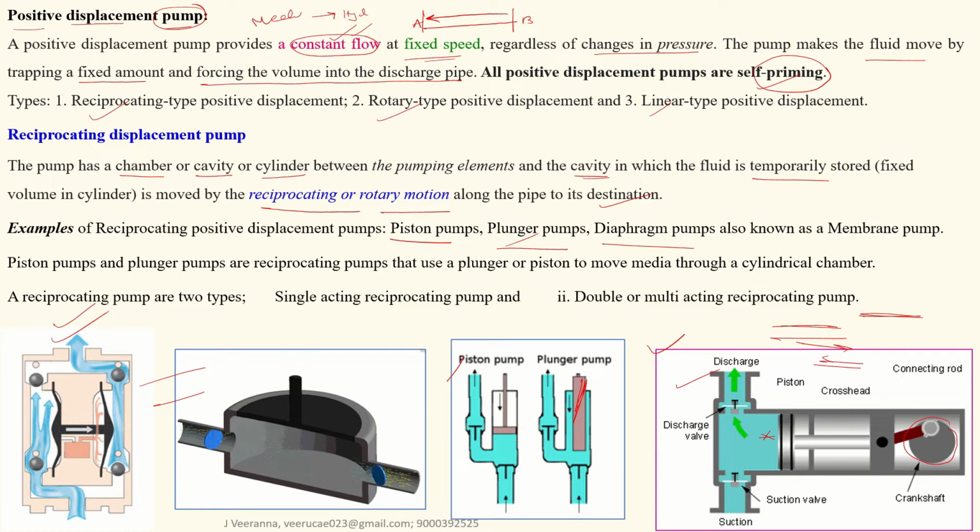Reciprocating pumps are single acting and double acting. Single acting means water comes from only one side. See here, water is coming from only one side and goes out from only one side. Double acting means the water comes from both sides, this way and this way. Here there are two water inlets, and there may be another outlet also. That is called a double acting or multi acting reciprocating pump.